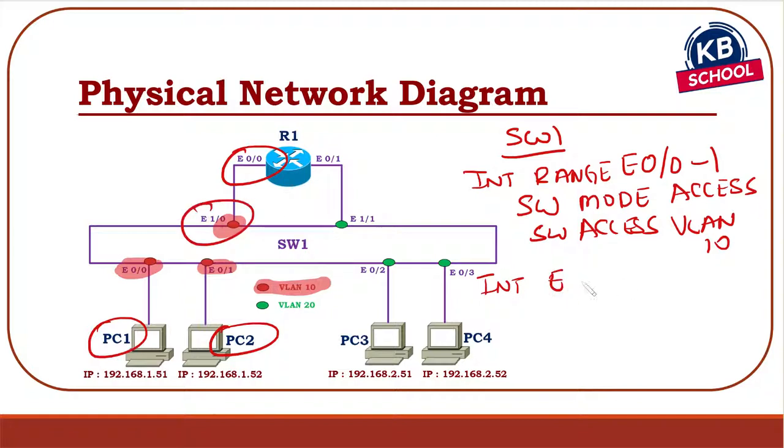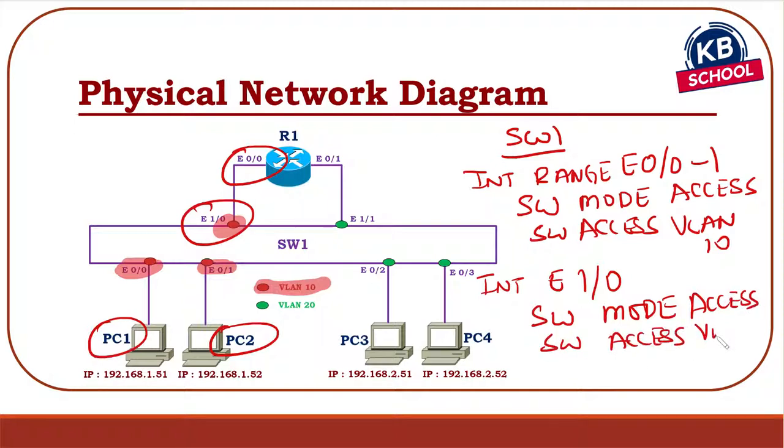This port of the switch should also be in the same VLAN: switchport mode access, switchport access VLAN 10. So now these three ports on the switch belong to the same VLAN. So PC1, PC2 and router 1 can communicate to each other. So now I can use him as my default gateway to communicate to other networks.